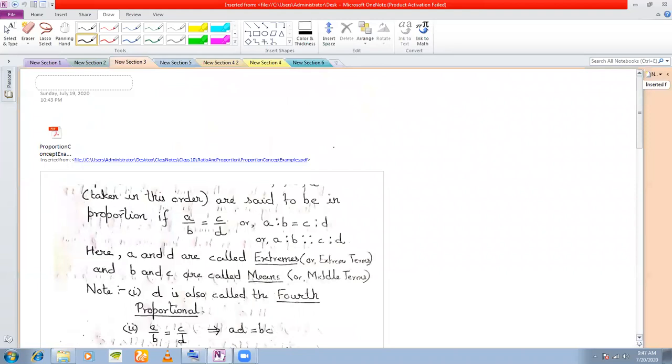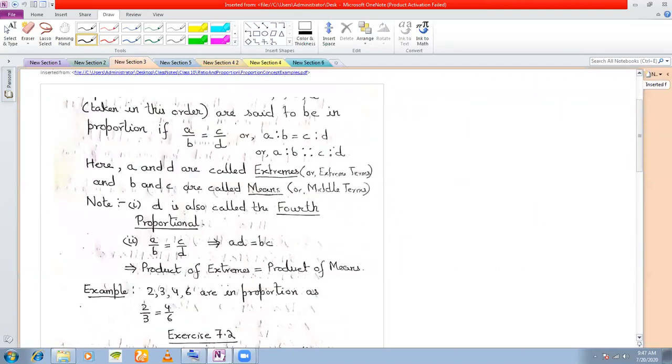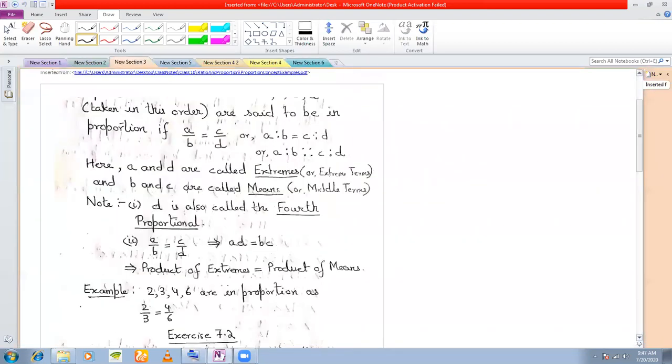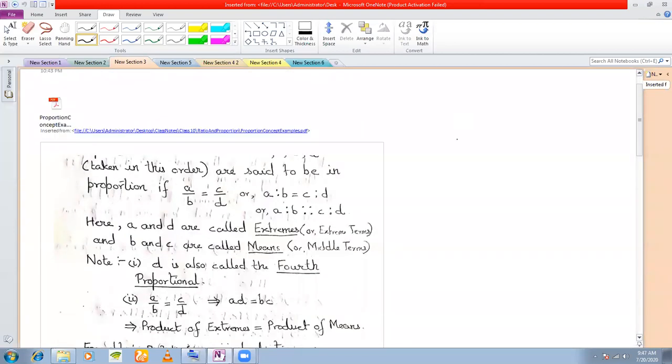Okay. Now what we come to is proportion. Okay. What do you mean by proportion? Given two ratios, if I give you two ratios, A is to B and C is to D, if these two ratios are equal, then this equality is called a proportion.